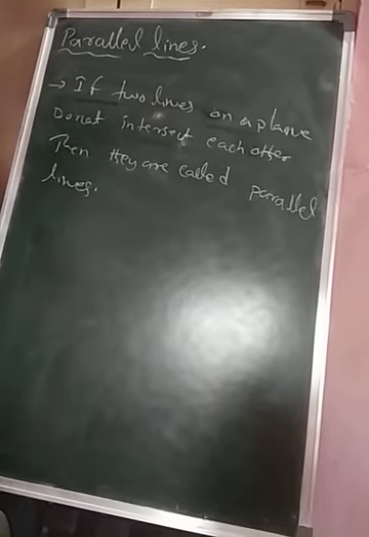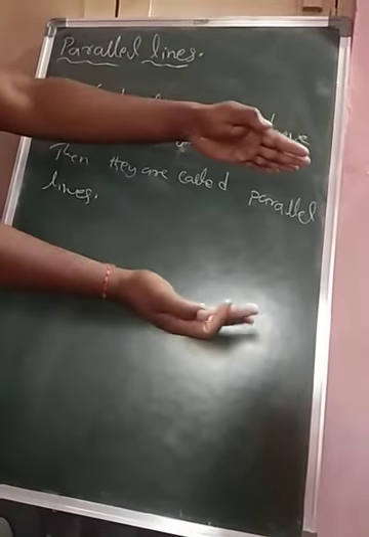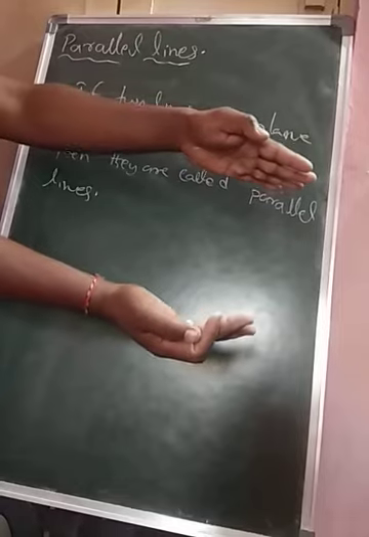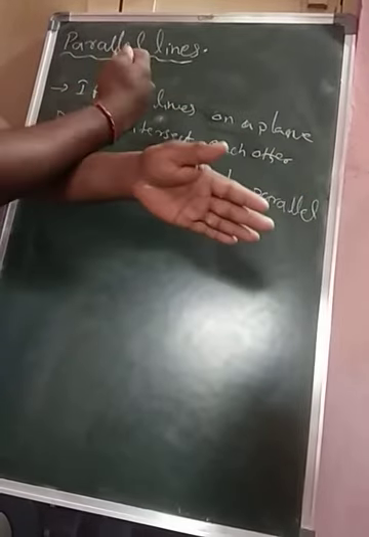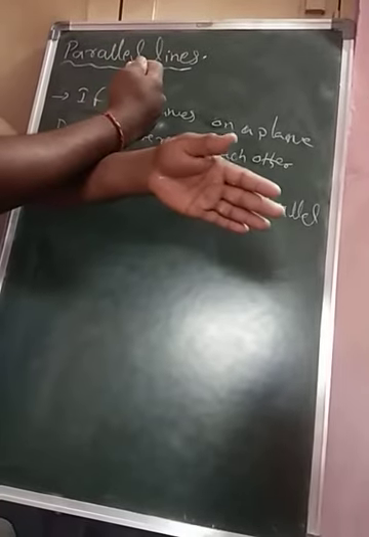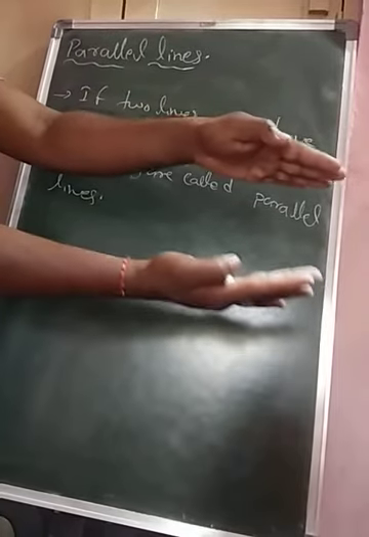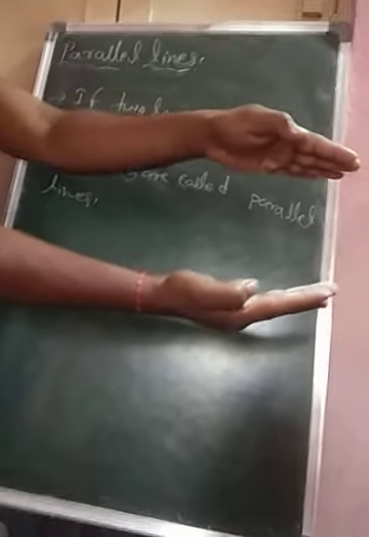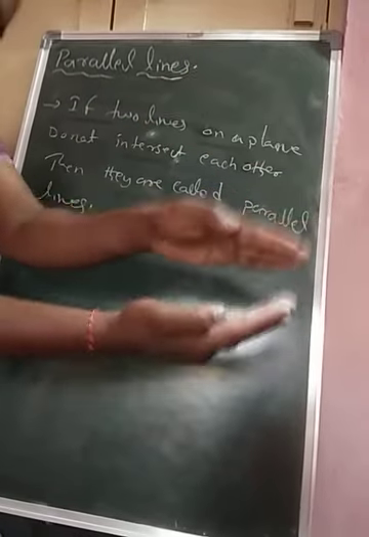For example, this is one line and this is another line. These two lines do not have any common point because they are not intersecting, they never meet. So this type of lines are called parallel lines, because they do not have any common point.